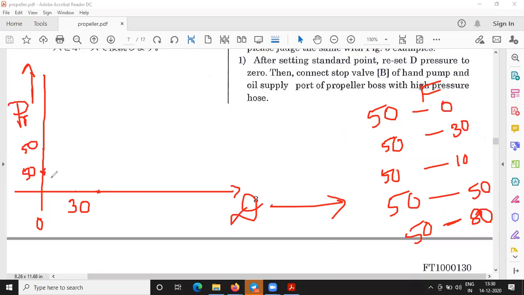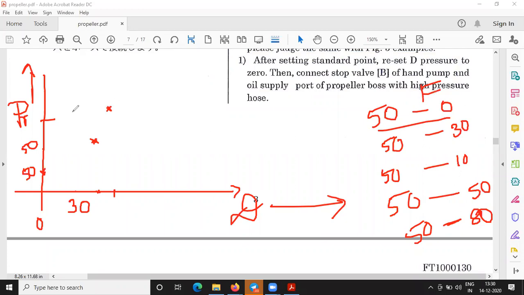So next we'll plot the same thing here. For the first 50, it is at 0, 0. Next 50, it is at 30, so 30 from here will be somewhere here. For the next 50, it has moved only 10, so 30, 10 will be somewhere here.